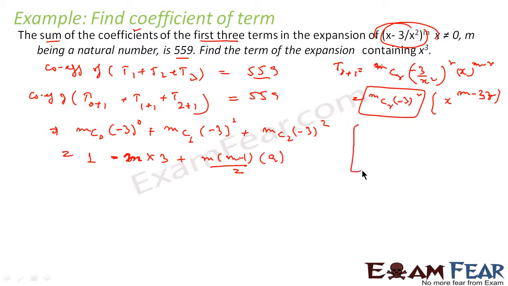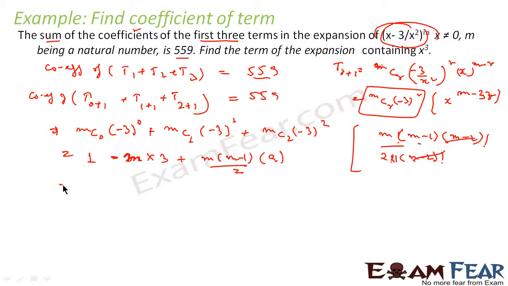Why is mC2 equal to m(m minus 1) by 2? Because mC2 is m factorial by 2 factorial into (m minus 2) factorial. m factorial is m into (m minus 1) into (m minus 2) factorial, and you can cancel the (m minus 2) factorial. So we get m into (m minus 1) by 2 factorial, and 2 factorial is nothing but 2 into 1, that is 2.